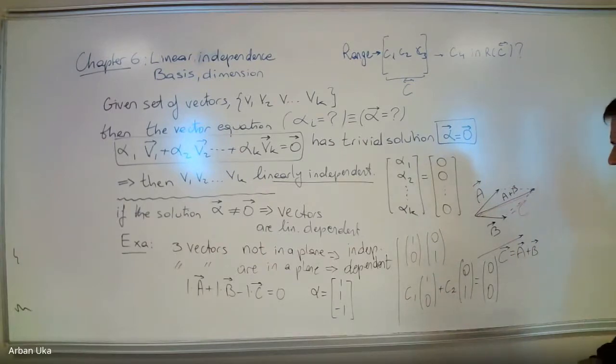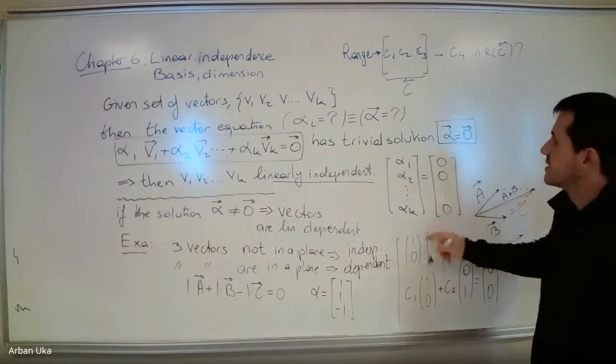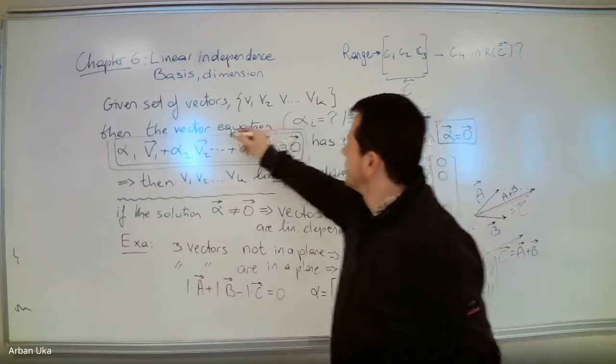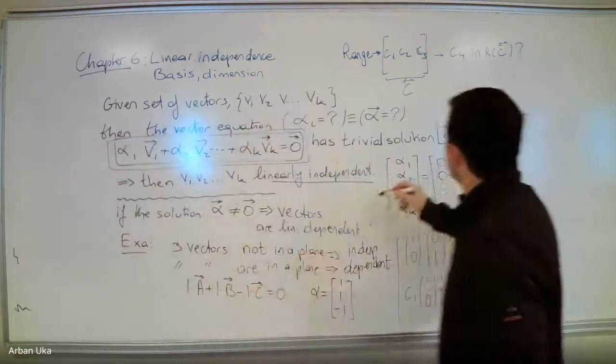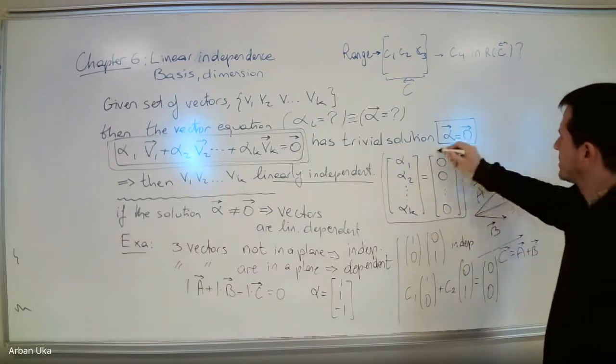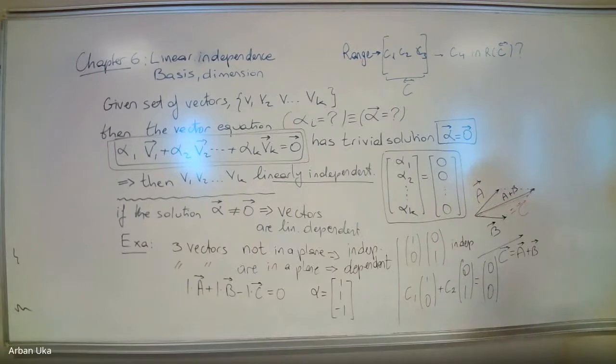So this means that these are independent, because this equation, which looks like the equation we presented initially, is satisfied only when all of these alphas, or coefficients C1, C2, etc., are all zeros. So they are independent.